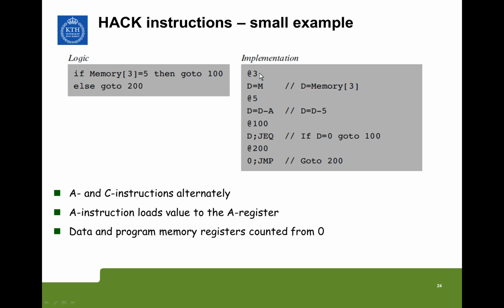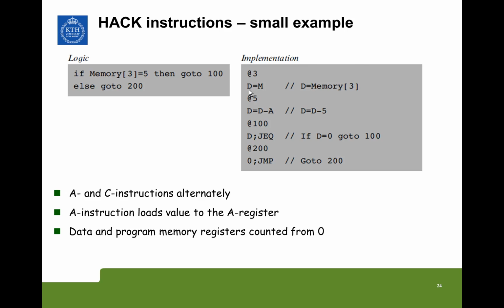Let's see how it looks in assembly language. First we have to get the content of the memory location 3. So we put 3 into the A register and then save the value of the virtual memory register at 3 to the D register.